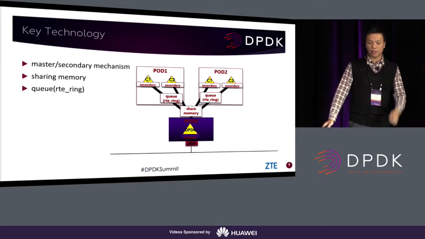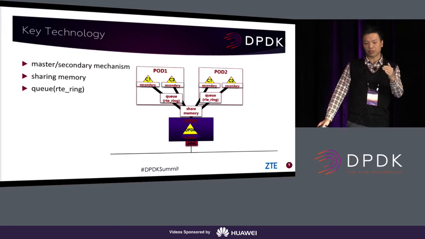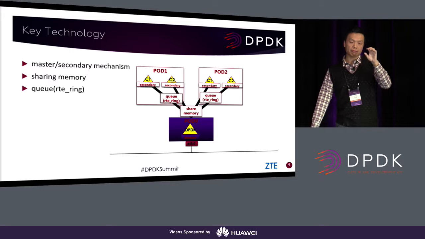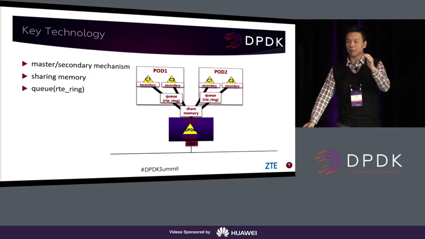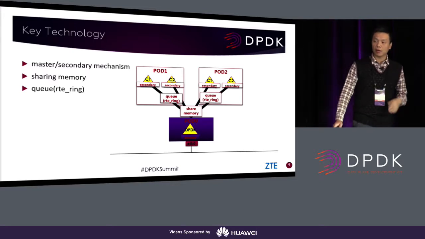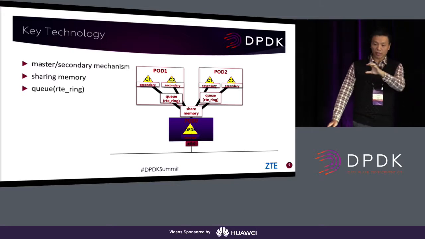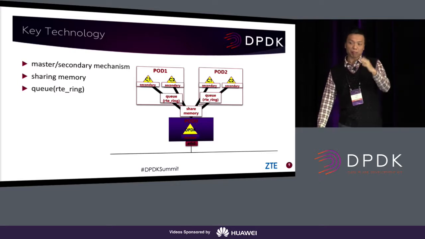They will start a secondary process which can access the same sharing memory. Our mbuffers will be in the sharing memory, and all the containers can access the memory. So we achieve zero copy, and it is bidirectional, not just one way.